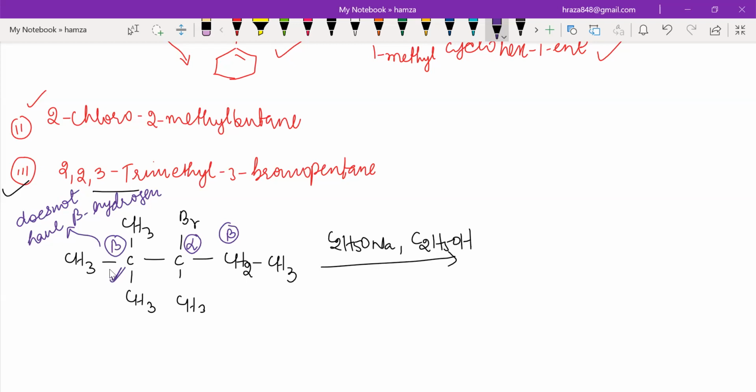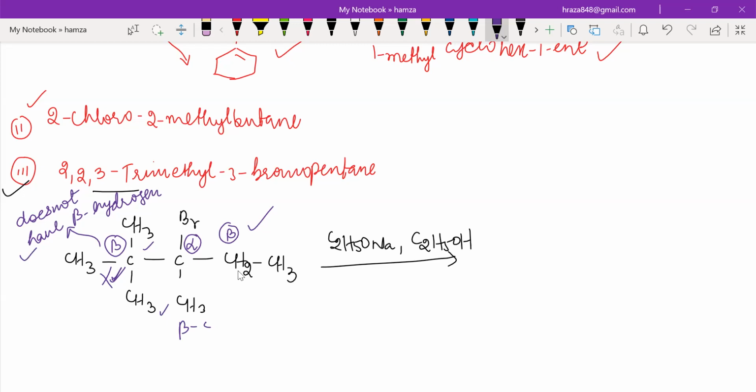Or wait a minute, this is also beta carbon. Yes or no? So 3 beta carbons are possible. Yes, sir. This, and this. But here the reaction is not possible because it doesn't have beta hydrogen. So 2 products are possible.